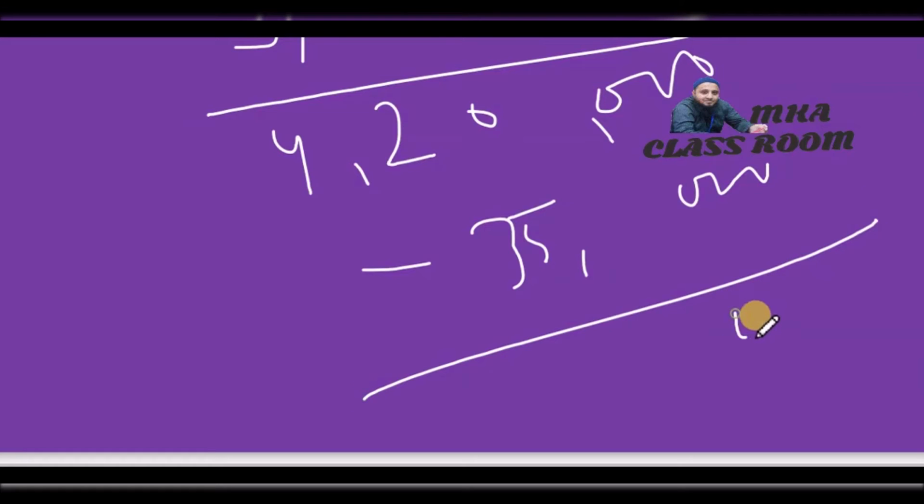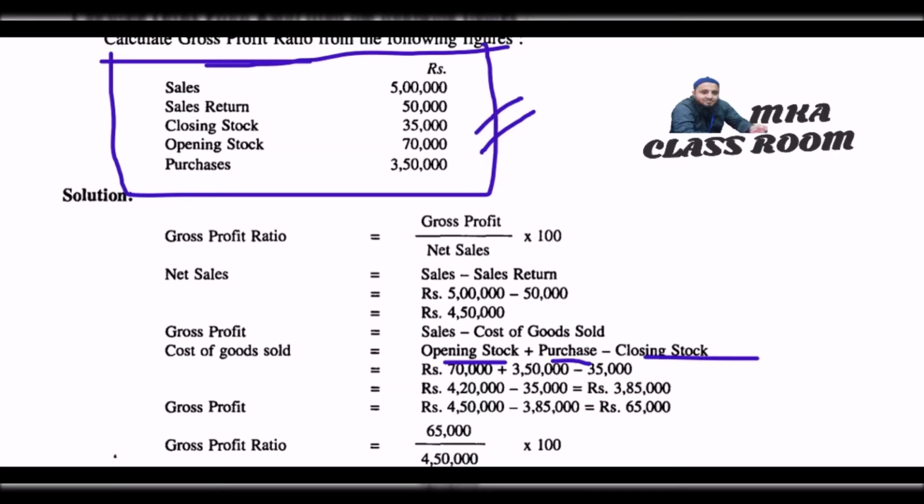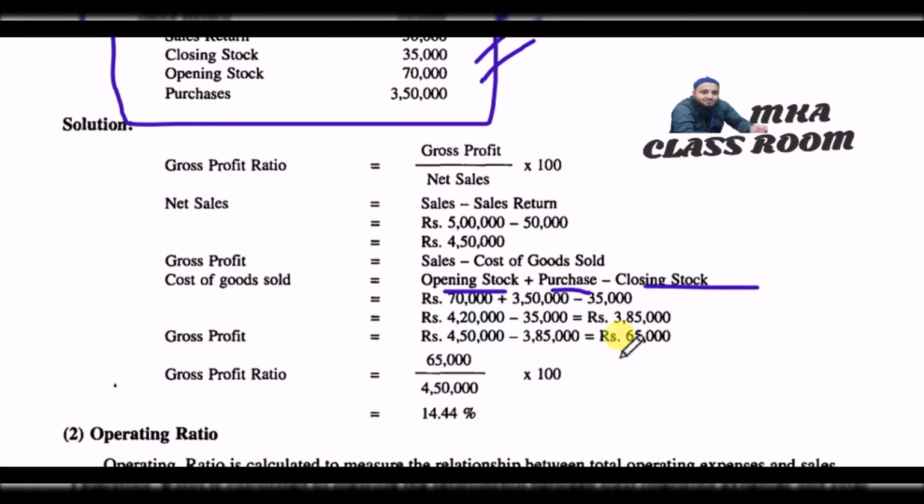Then we will get the result 3,85,000. From our given information, cost of goods sold is 3,85,000.